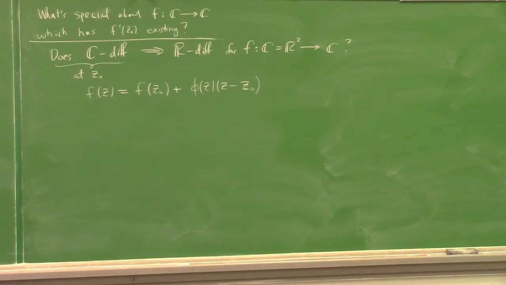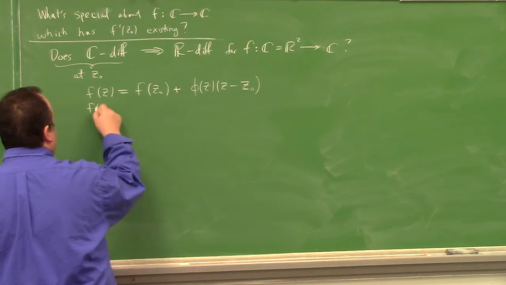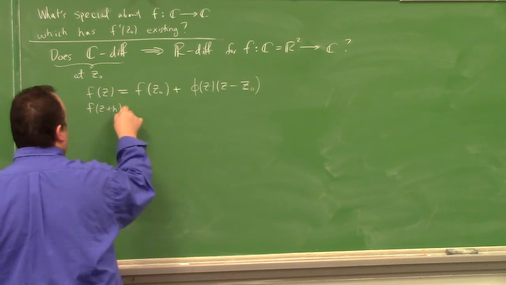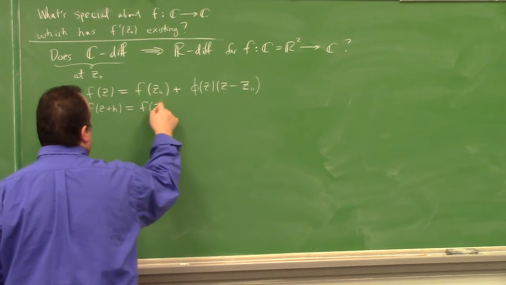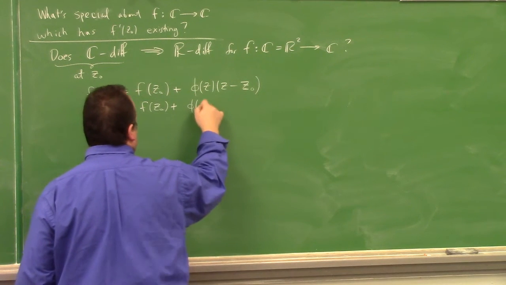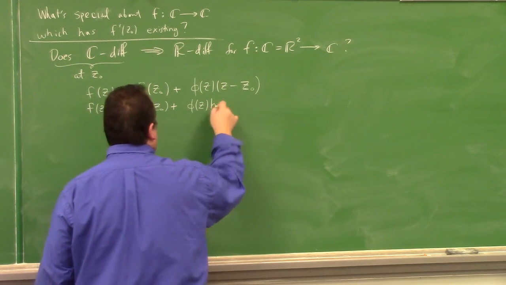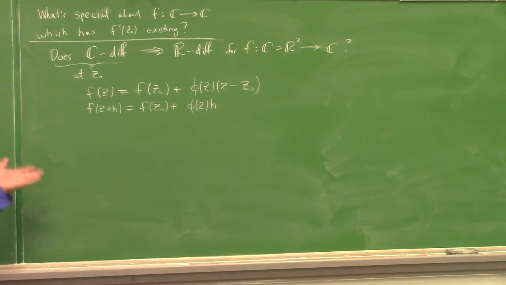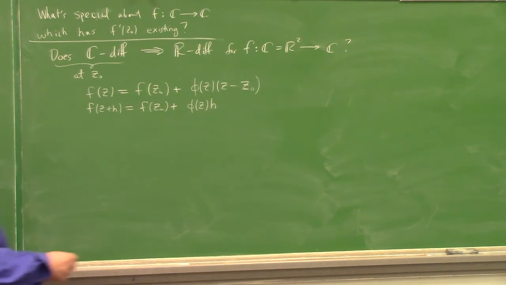And so what's that mean, f of z plus h is equal to? It says f of z plus h is equal to f of z naught plus phi of z times h. That gives us a straight up formula, right?